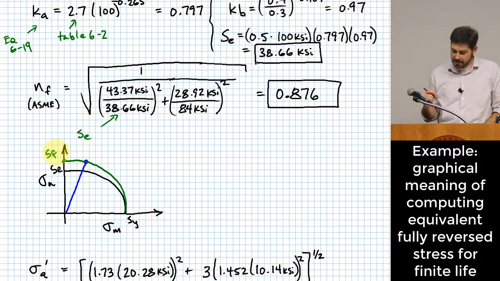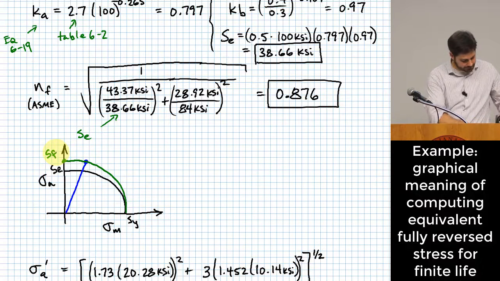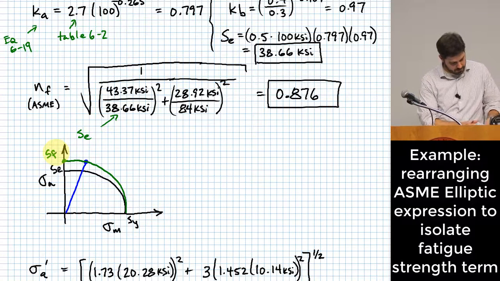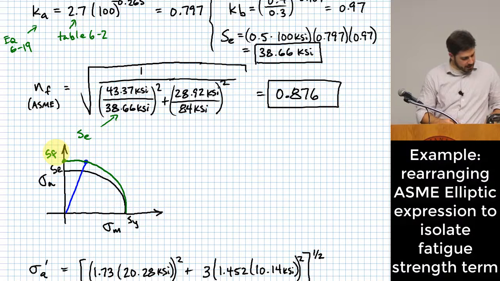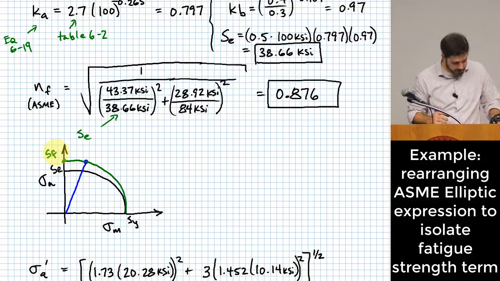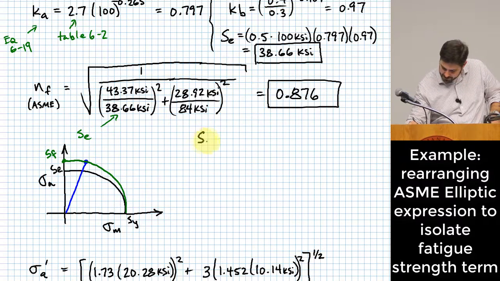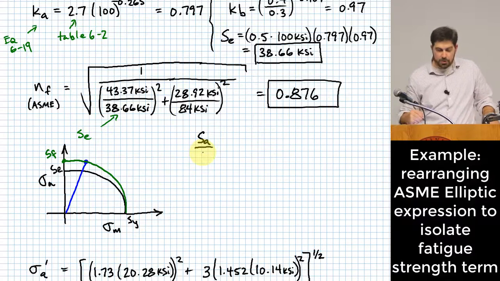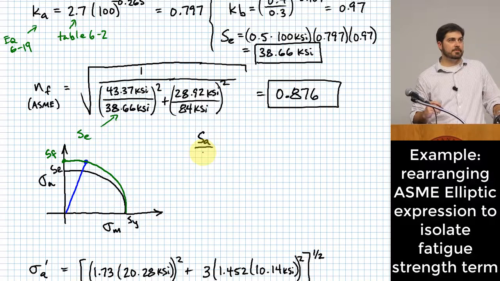And so our first step of our process here is to take the equations that we had for our ASME elliptic, which I'll find here real quick. On page 314, the ASME elliptic equation basically says that we have S sub A over S sub E. But what we're doing here is we're going to replace S sub E with S sub F. Okay?